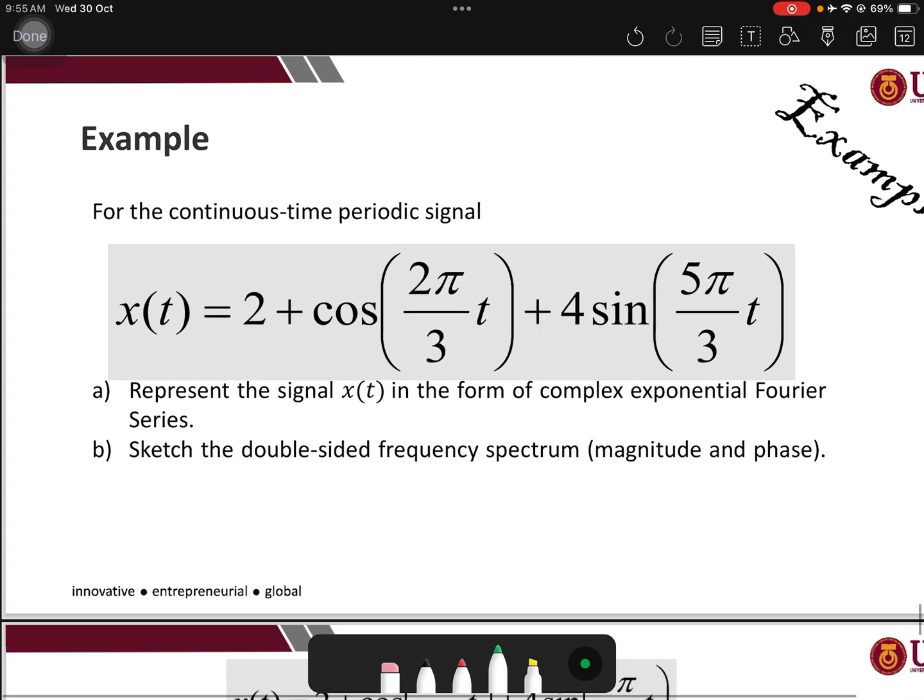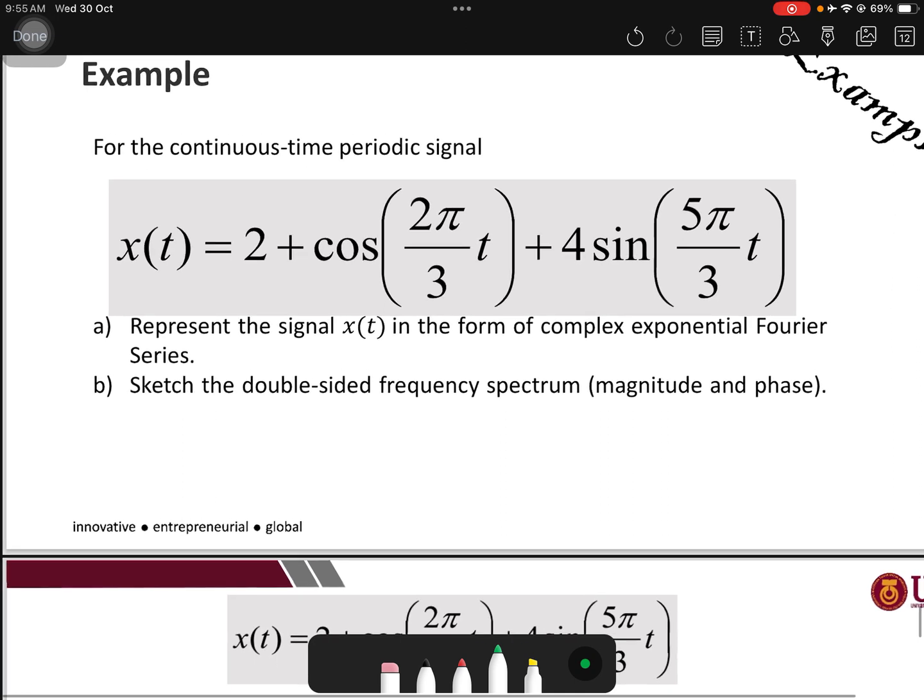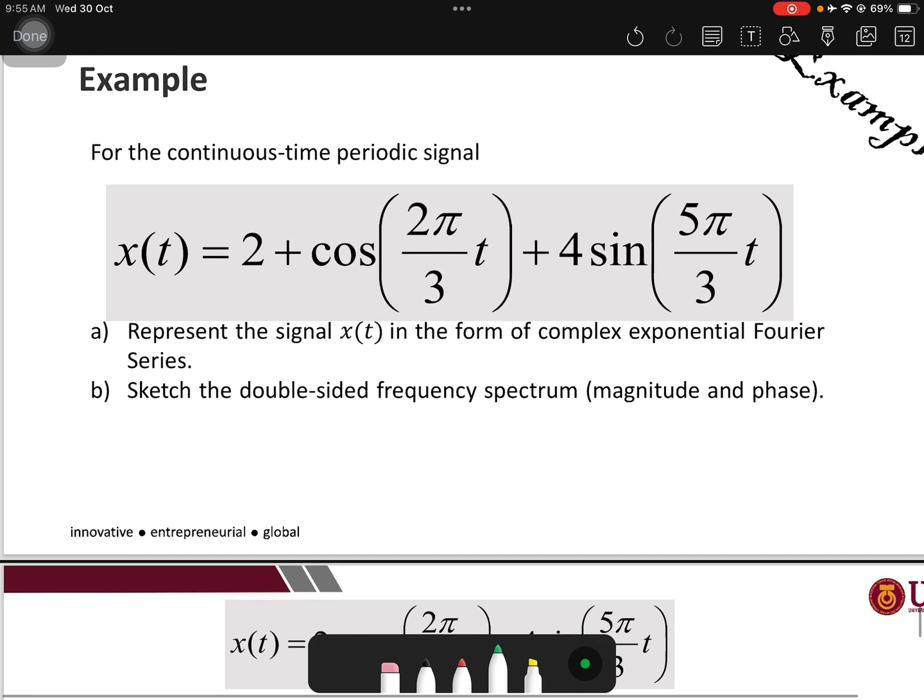Now let's take a look at the example. The example for the continuous periodic signal: x(t) is equal to 2 plus cos 2 pi over 3 t, plus 4 sin 5 pi over 3 t. Represent x(t) in the form of the complex exponential Fourier series, and then from the complex form we can plot the double-sided frequency spectrum, in terms of magnitude and also the phase.